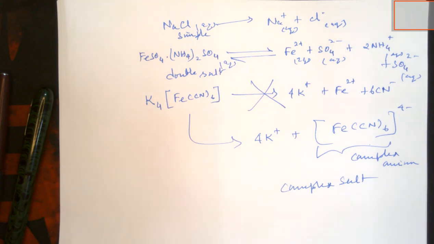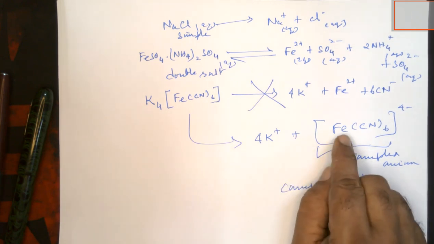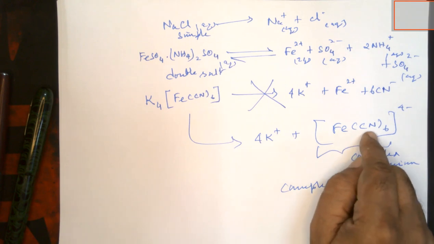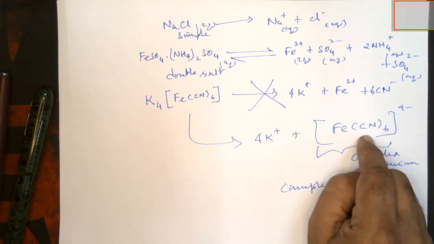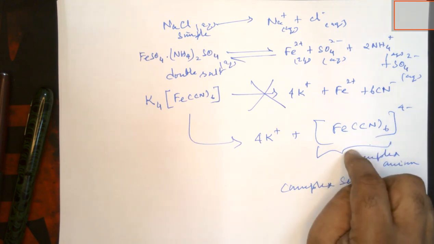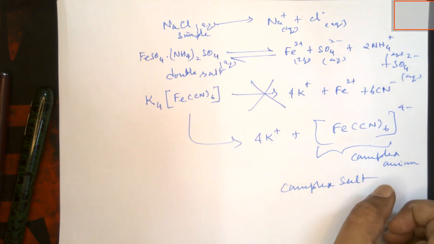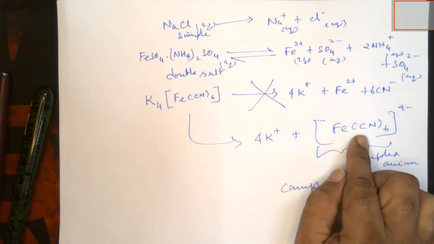Why is it so? Because this iron is more tightly bound with the cyanide ion, and they are bound by coordinate bond, and that is why it's called coordination compound. Do you understand this concept? And there are two types of valency.